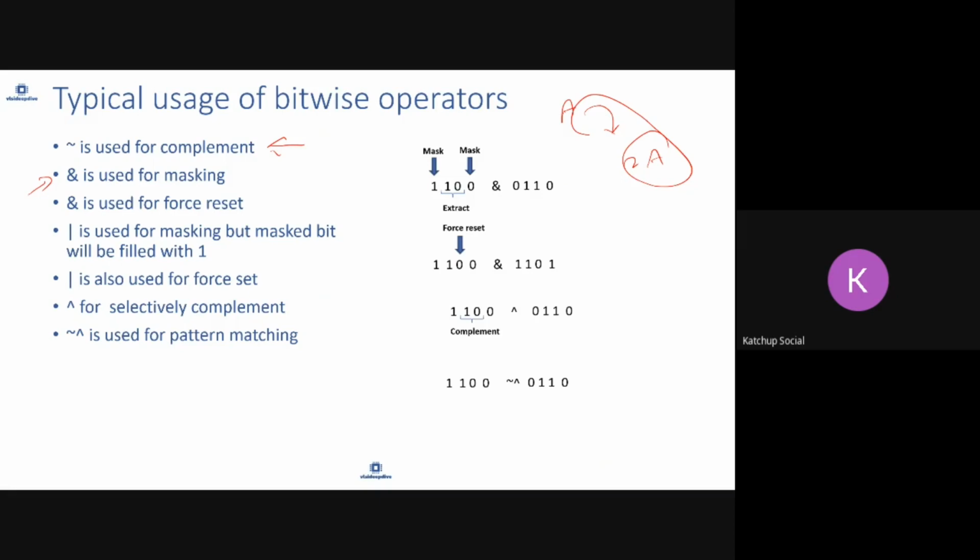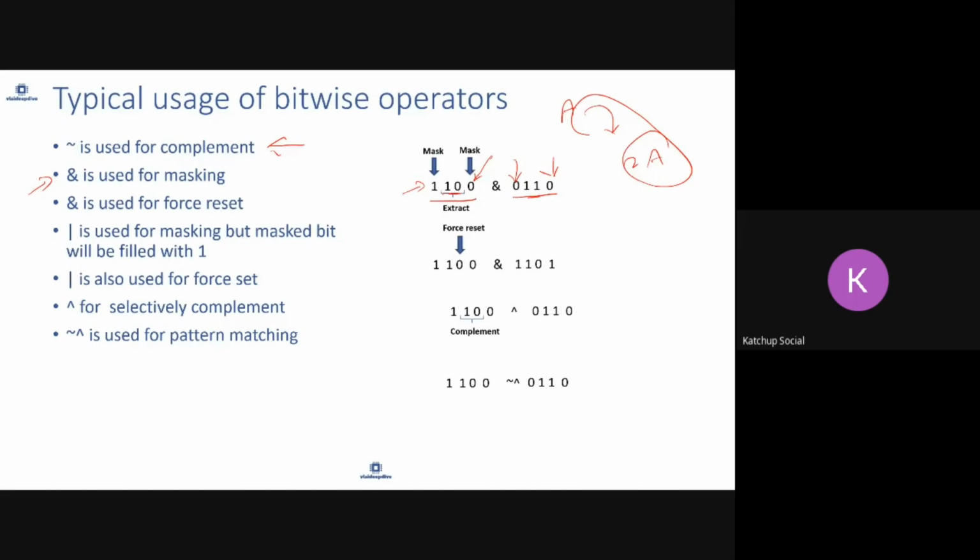Okay. For example, let's say you have a bus. You want to mask the top two bits, but you want to extract the lower bits. What you will do is AND it with 0 1 1 0. Why? Because the bits which you want to mask, you will put as 0, but whichever bits you want to extract, you will put as 1.